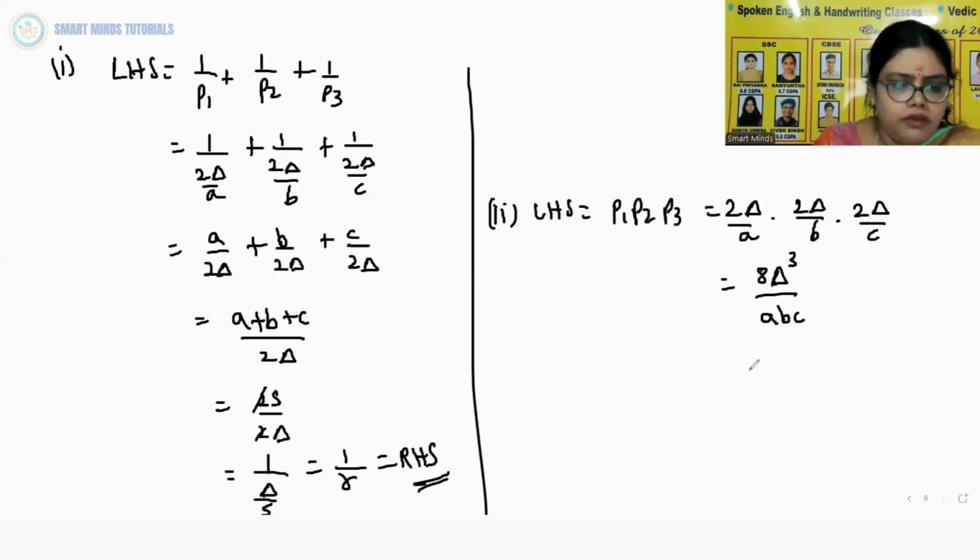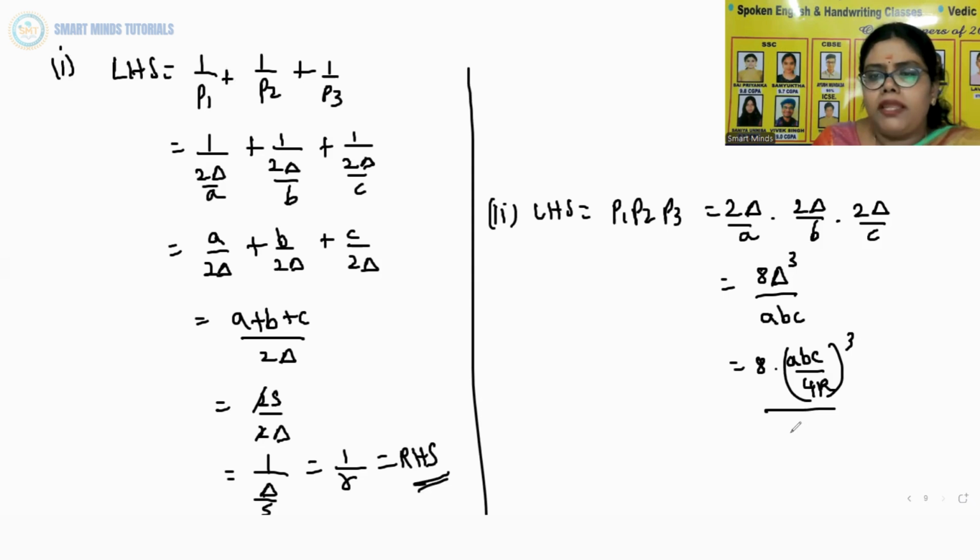Over here you can see we can write this as 8 into delta, which can be written as abc by 4R, whole cube, by abc. So that is 8 into (abc) whole cube by 4 cube, which is 64 R cube into abc.